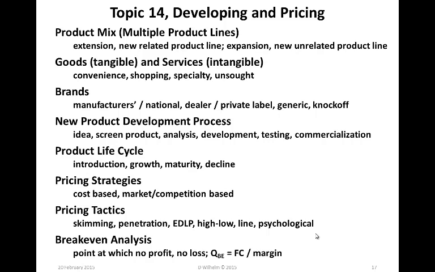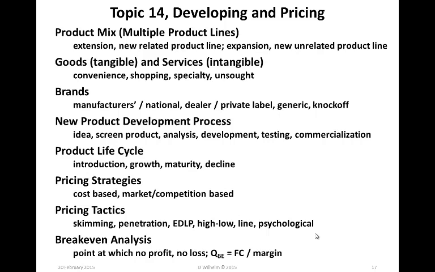Finally, unsought goods or services: funerals, life insurance, car insurance. Brands: manufacturers' or national brands are things like Honda, Dell.